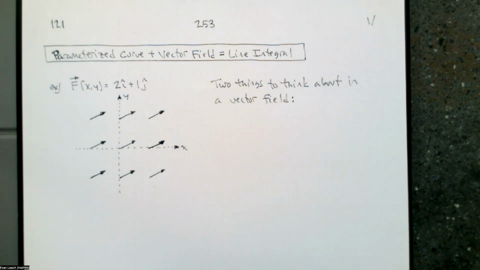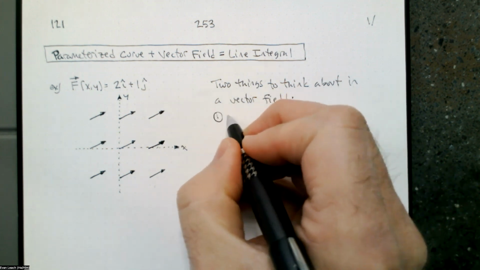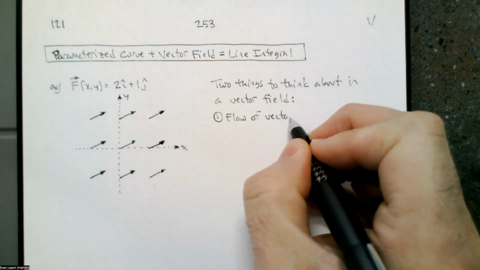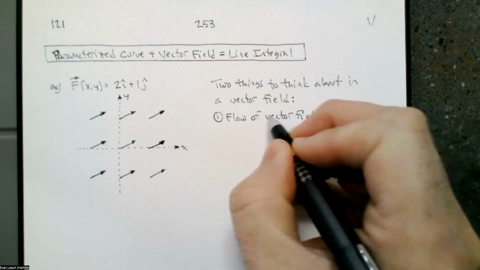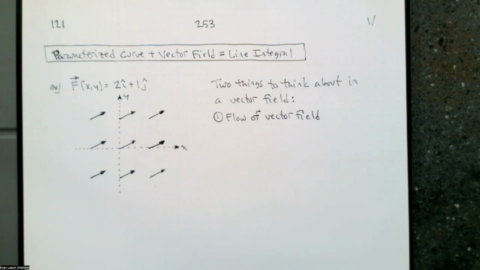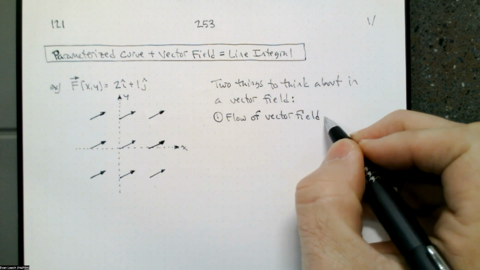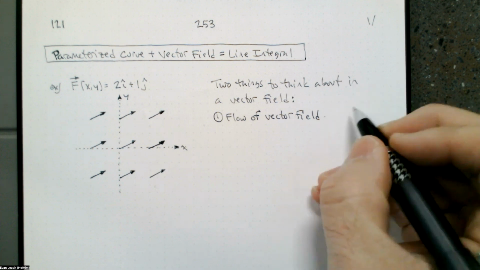There are a few things that we want to think about in a vector field. Number one, what is the flow of the vector field? What paths does the vector field create? What are paths created purely by the vector field? If we use the vector field as direction vectors, what kind of paths will it create? So the flow of the vector field, we're going to think using the vector field as direction vectors.